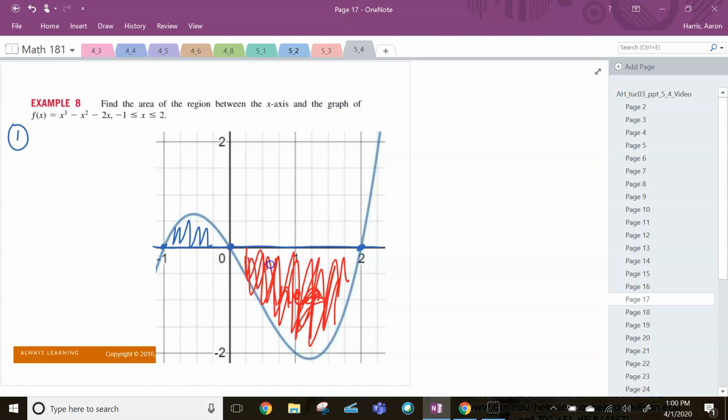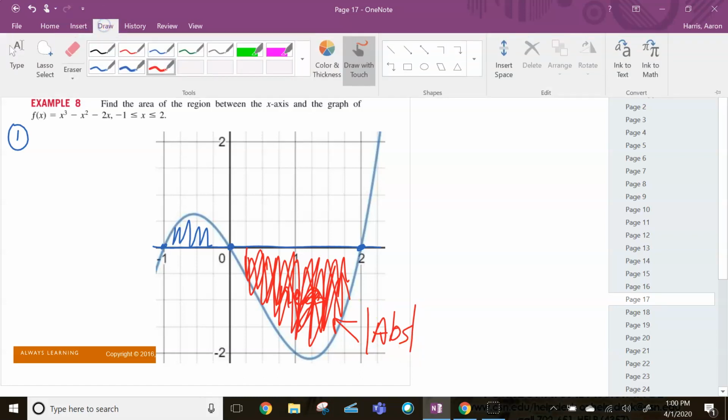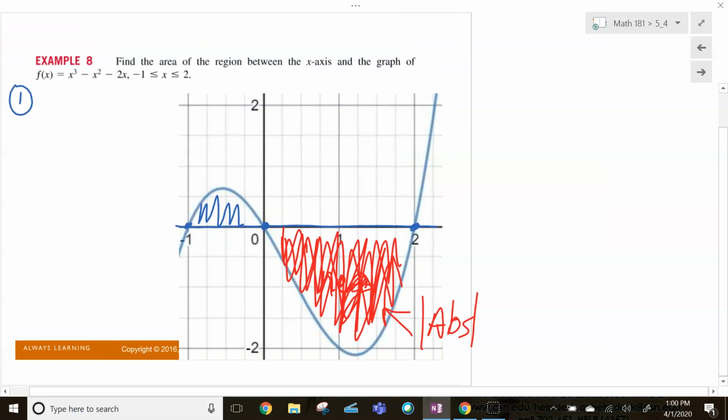So when you sum all these up, this ends up being a negative area. So we need to take the absolute value of that integral right there. And then it's not going to be an issue with this positive portion, right? This will end up being a positive area. But we're going to have to split that up to find the total area, right?